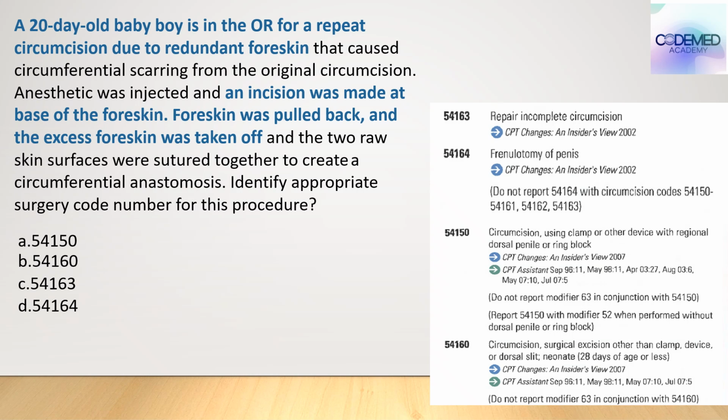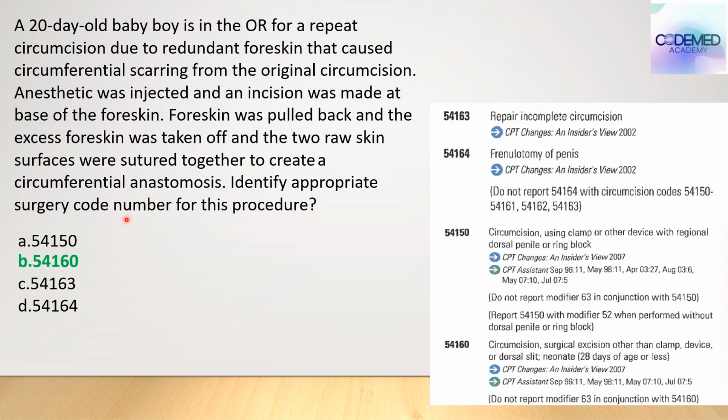Identify the appropriate surgery code for this procedure. Now this is a very tricky question, so pay attention. What are they doing? They are doing the repeat circumcision. So what could be the code? So you see all the codes and tell me the correct answer.